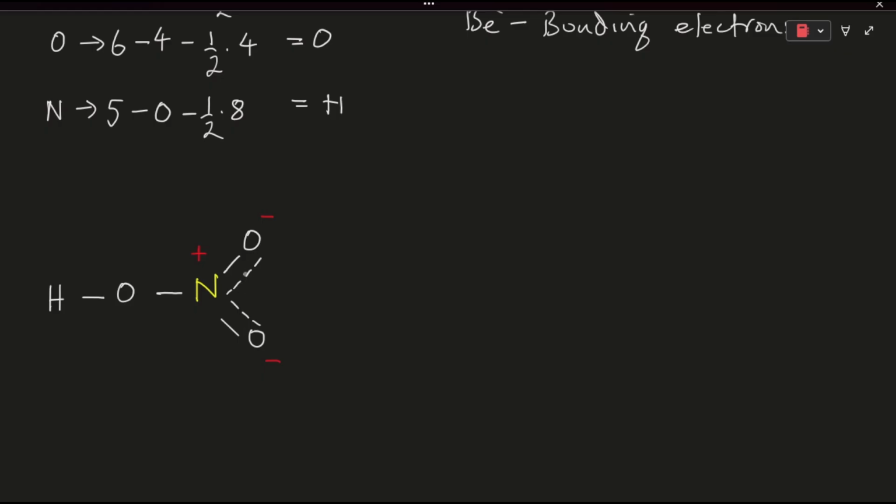In which case, because of the delocalization of the electrons, this oxygen atom could assume a negative formal charge, or we could have a negative formal charge on this oxygen atom, representing the hybrid structure for nitric acid.